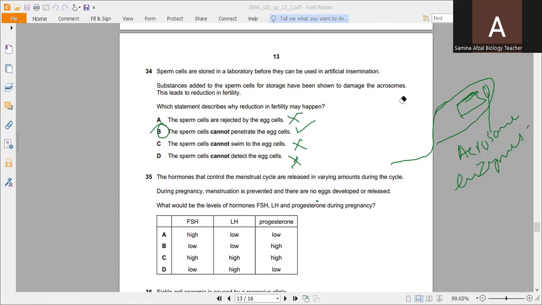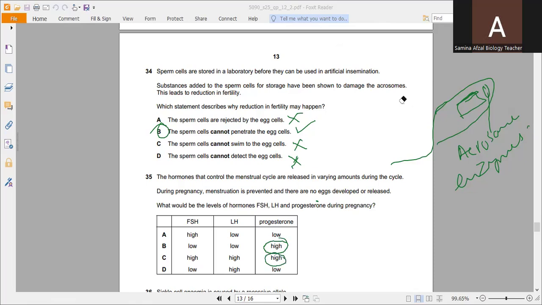Follicle stimulating hormone stimulates the eggs for development. Luteinizing hormone helps to release the egg. Progesterone is called the pregnancy hormone, produced in high amounts, first by the corpus luteum and then by the placenta. So progesterone should be high.